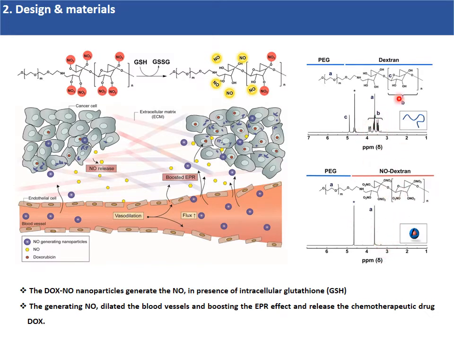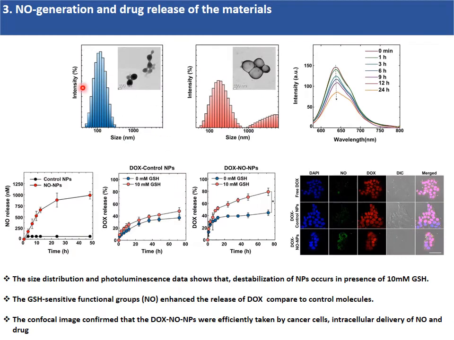That is proof that the NO2 group is attached, replacing the hydrogen, and NO2 is conjugated with the dextrin molecule. NO-dextrin is hydrophobic and PEG is hydrophilic, and together they form nanoparticles. So we prepared this molecule and characterized its size by DLS.